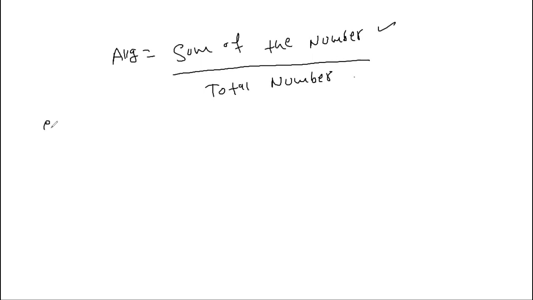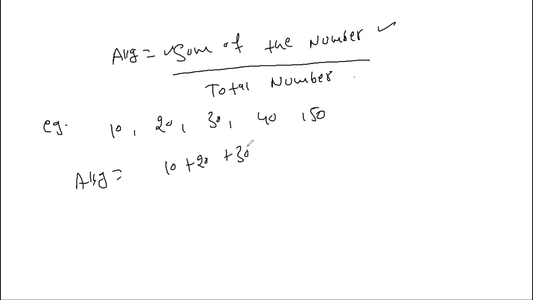For example, if I am asking what is the average of 10, 20, 30, 40, 50. So you know very well what the average is. Sum of the numbers. So what is the sum of the numbers? Divided by how many numbers?